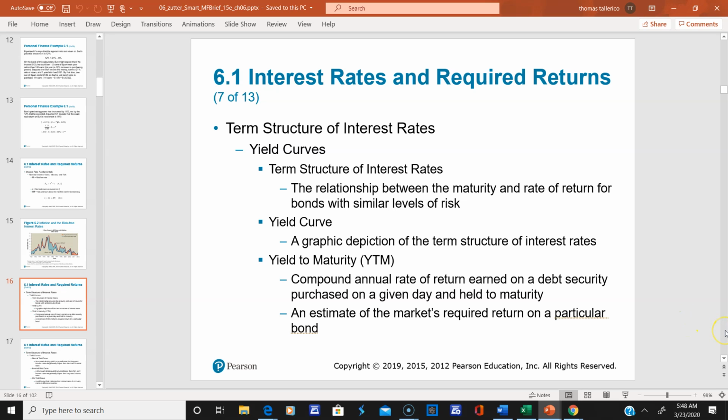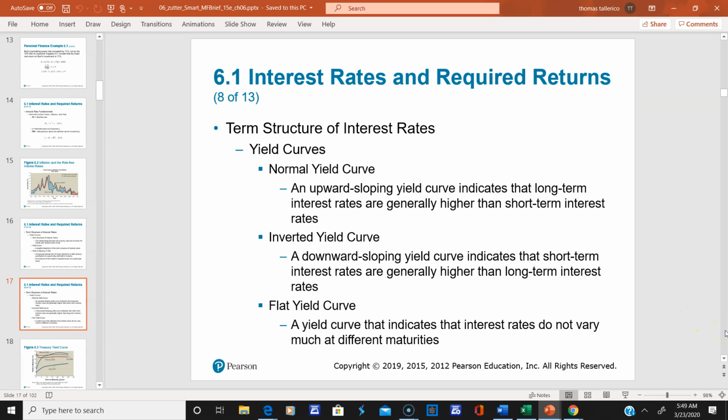There's a nominal yield curve, which is upward sloping. For a normal economy, you'll have an upward sloping curve, and that indicates that long-term interest rates are generally higher than short-term interest rates. And when it inverts, which means we're heading for a recession, which we might be doing right now, by the way.